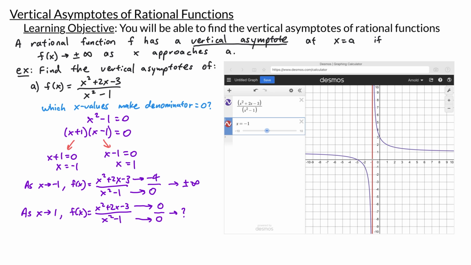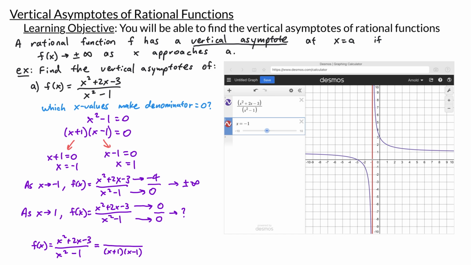So let's take a look at a factored version of our function. Our function f of x is x squared plus 2x minus 3 divided by x squared minus 1. We already know that the denominator is a difference of squares, so it factors as x plus 1 times x minus 1. The numerator, if I want to factor that, we need two numbers that multiply to negative 3 and add up to positive 2.